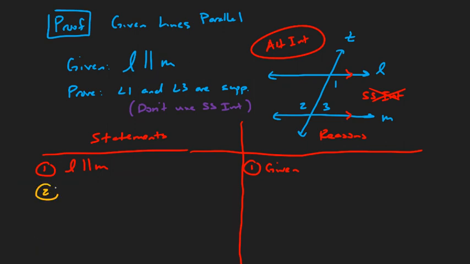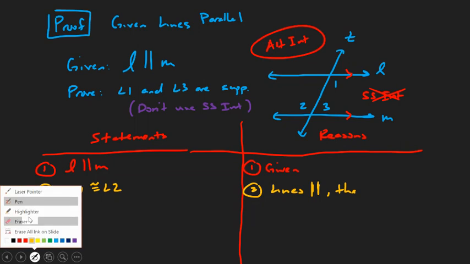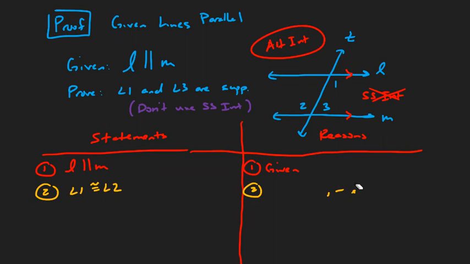So I know that angle 1 is congruent to angle 2, because if lines parallel, then alternate interior angles are congruent. That's my symbol for parallel. It's just semantics, I get caught up in the semantics sometimes.